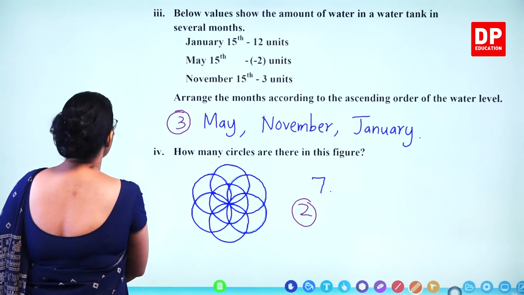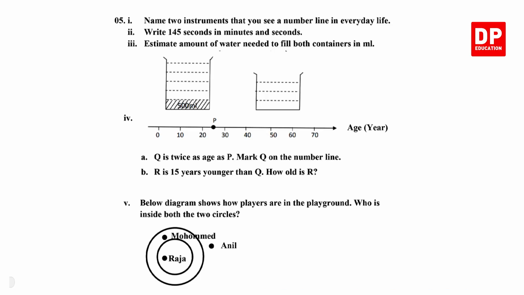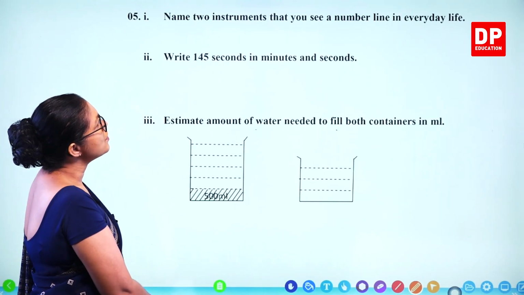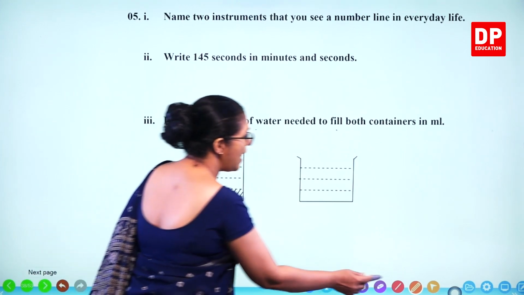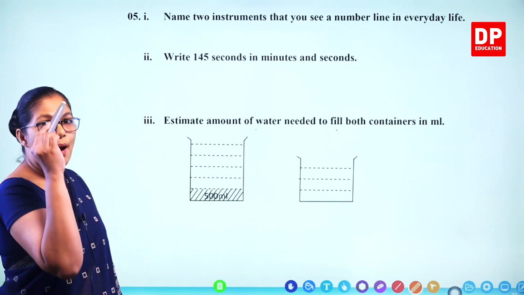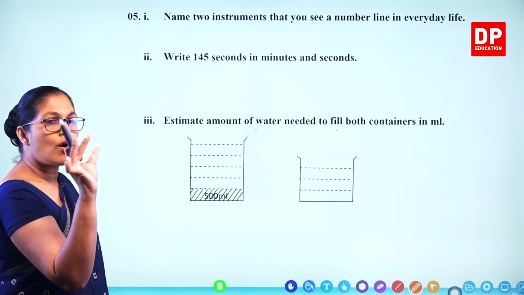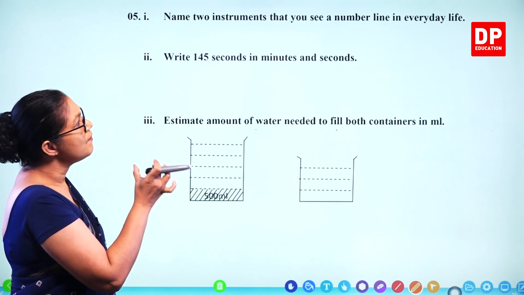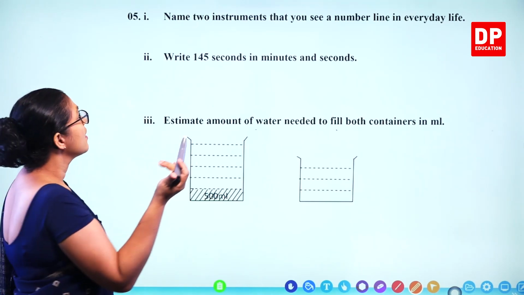So let's do the next question. Question number 5 and you get 5 parts there. Name 2 instruments where you see a number line in everyday life. Where you see a number line, numbers are in accord. You can see numbers divided with equal space.